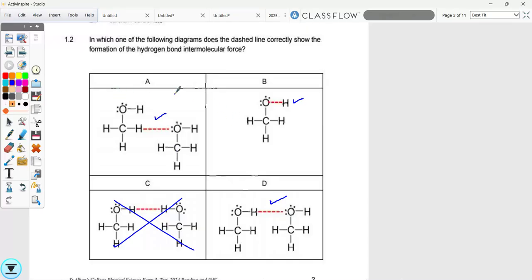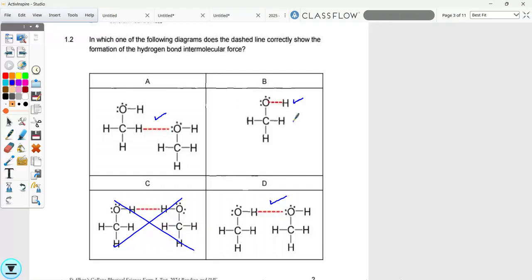So now you need to start limiting what you are doing. The bond must be between the hydrogen of one molecule and the oxygen of another molecule. How many molecules do I have here? Only one.